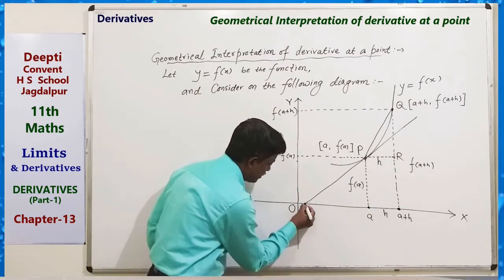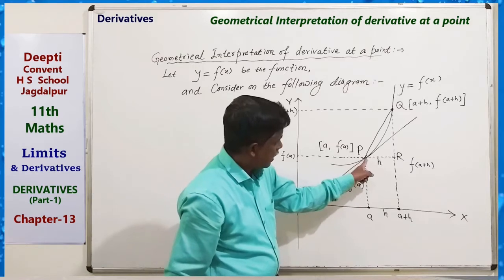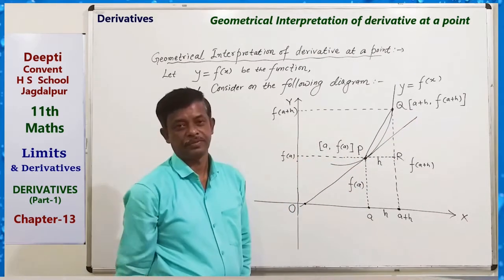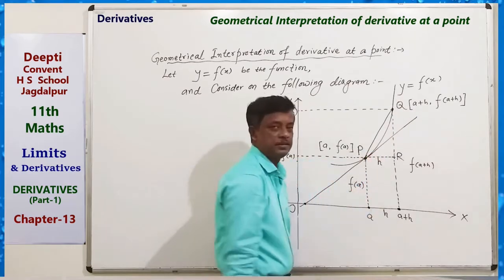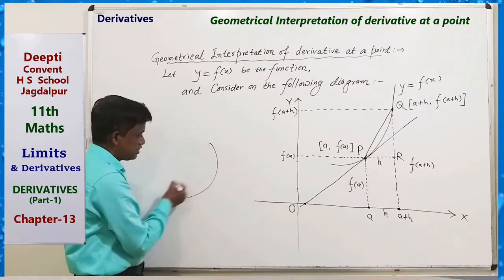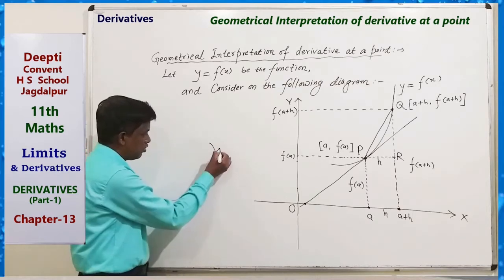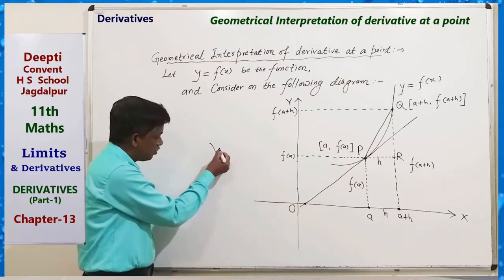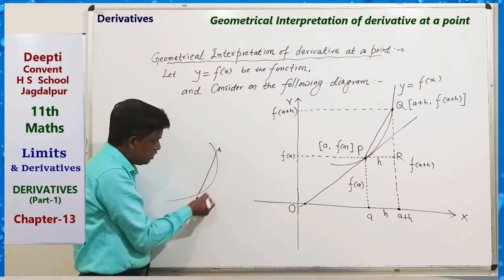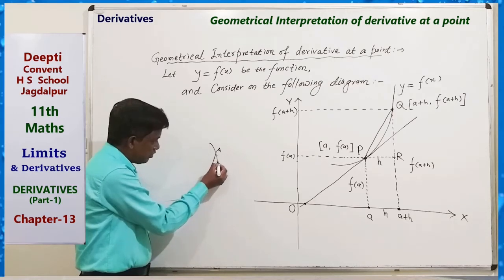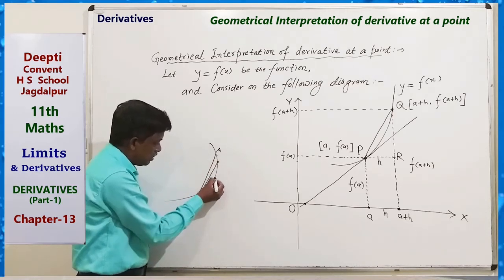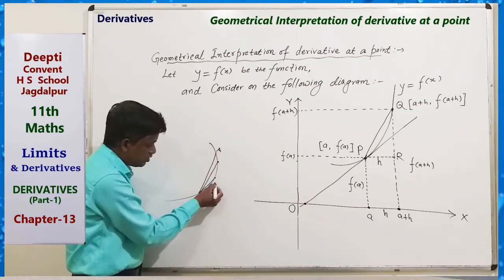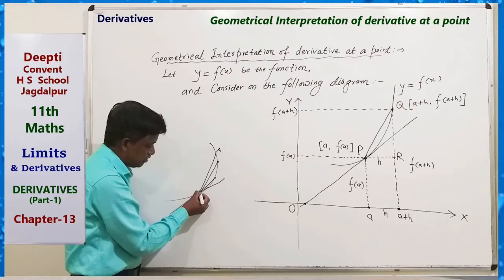Okay. At this point, this is the tangent and this is the chord. Just as we know, suppose this is a curve, this is a chord AB, and as A tends to B, this chord will tend to a tangent.